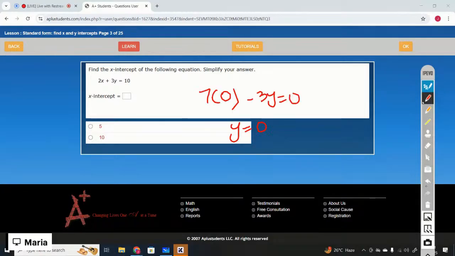Find the x-intercept of the following equation. Simplify your answer. 2x plus 3y equals 10.